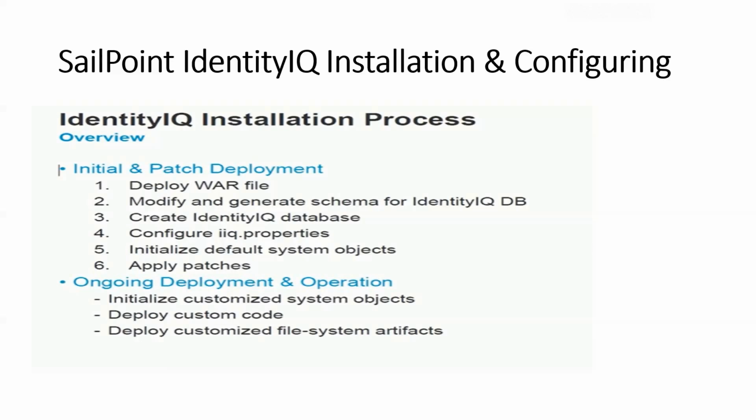Once the war file is downloaded, based on that we can generate the schema, as in we can create the database. Once the database is created, the schema will be generated. We need to do some configurations in the IdentityIQ property file, which has all the important database details.